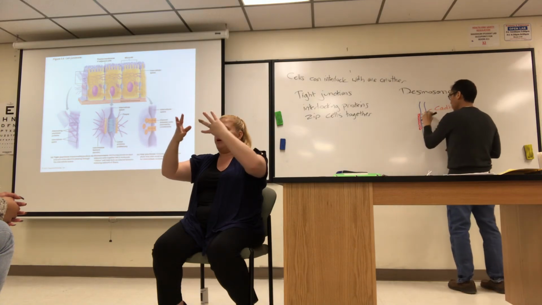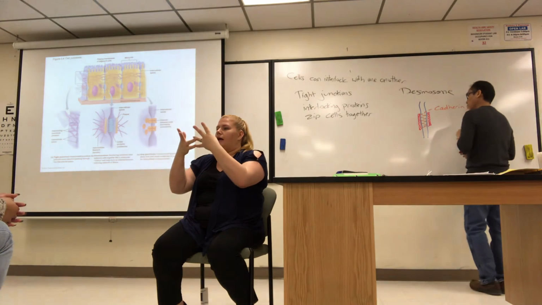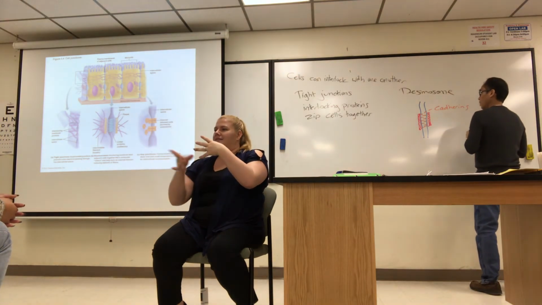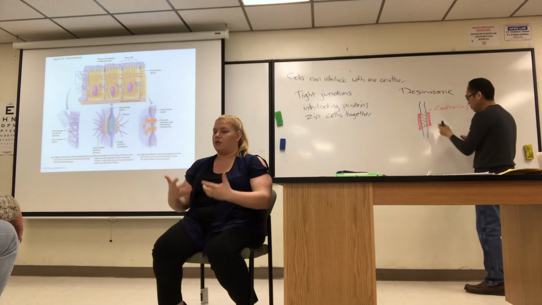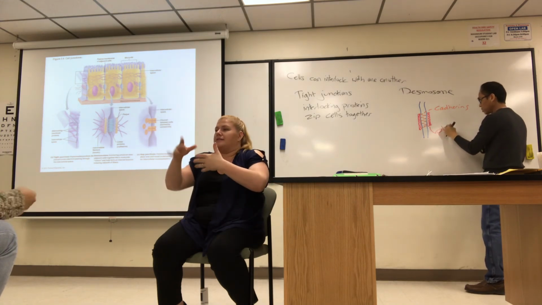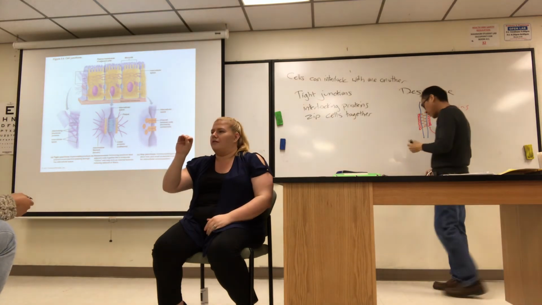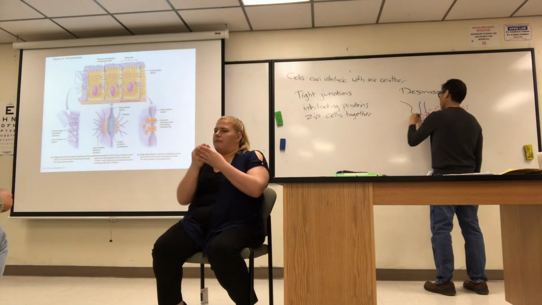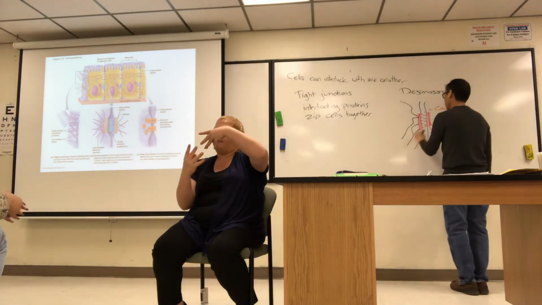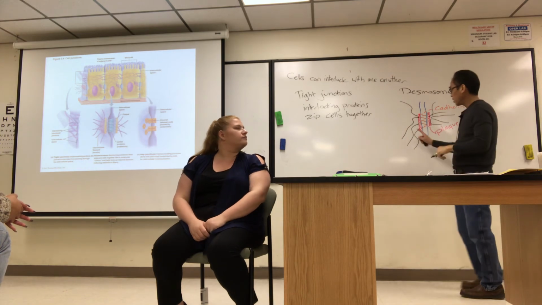Drawing getting red. And then within those red plaques that I've drawn, you have other fibers that emanate out of it. Other thick and thin fibers that come out of it.